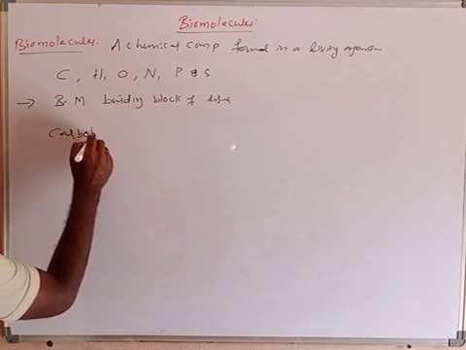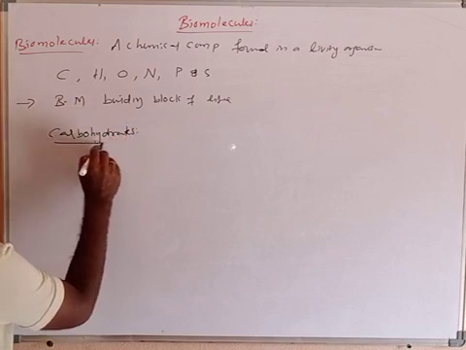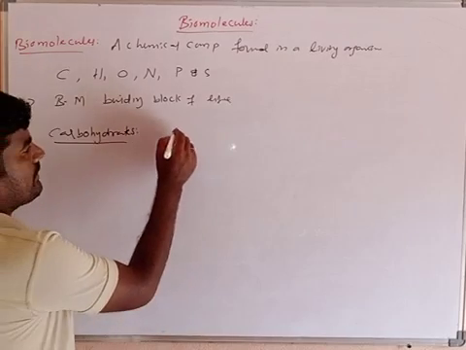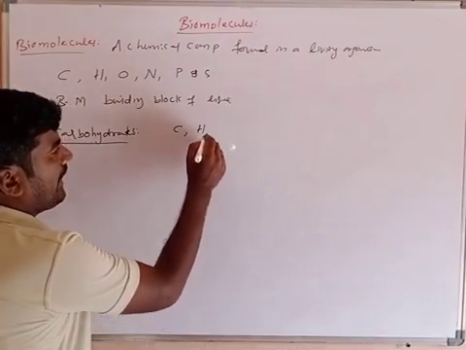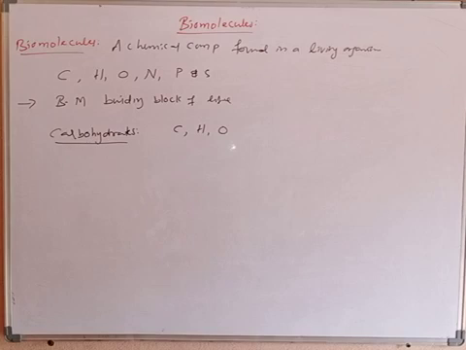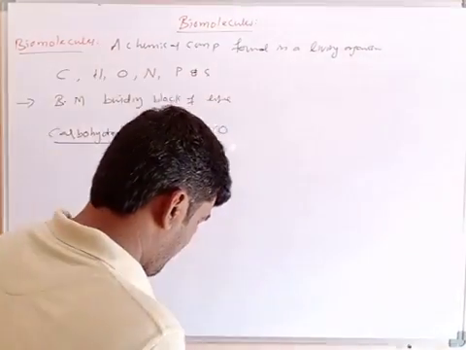First classification is carbohydrates. What are carbohydrates? Carbohydrates are chemical compounds which contain carbon, hydrogen and oxygen atoms, primarily produced by plants and animals.